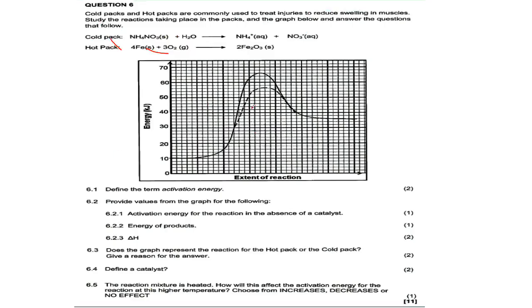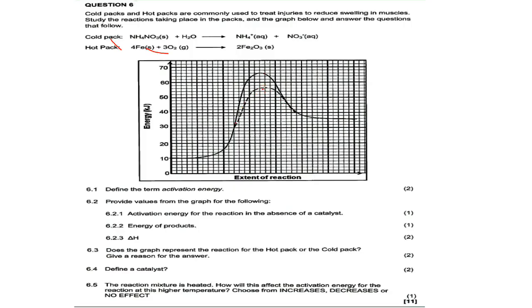So we can see that this graph includes this broken line here, which indicates the effect of the catalyst. Remember, I said every time you have this, it represents the effect of the catalyst, because what does the catalyst do? It lowers the activation energy.